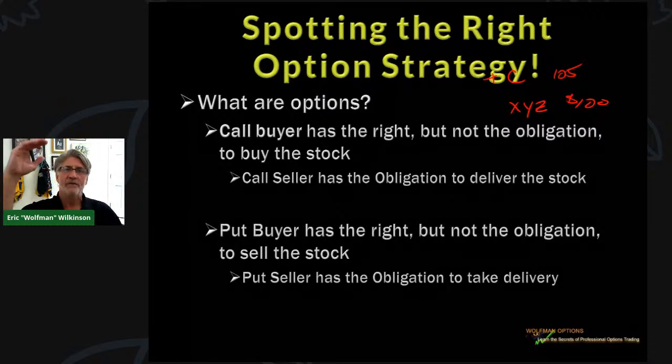So I will be paid by the amount of money my underlying is in the money, or if the underlying is lower than where my put is, I'm going to be paid by that difference. I will always have that difference embedded in the price of my strike. Okay, and the seller has the obligation to take delivery or buy it at whatever strike.